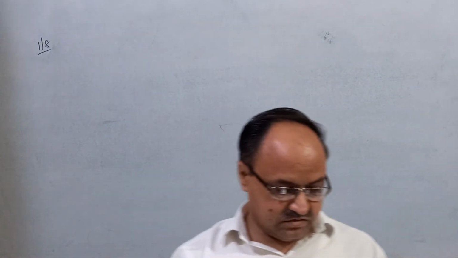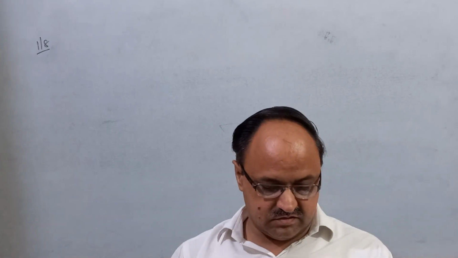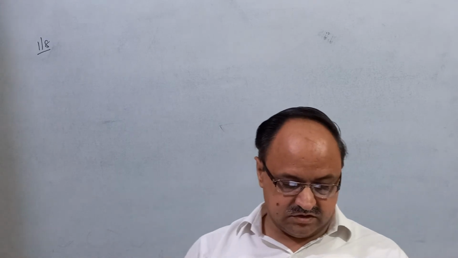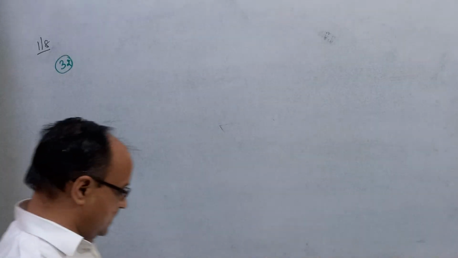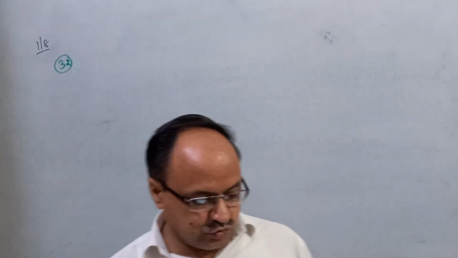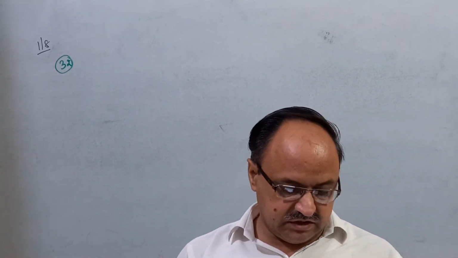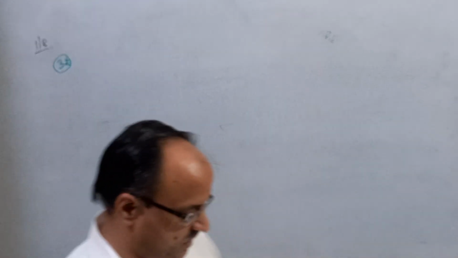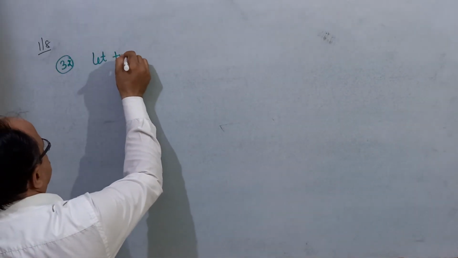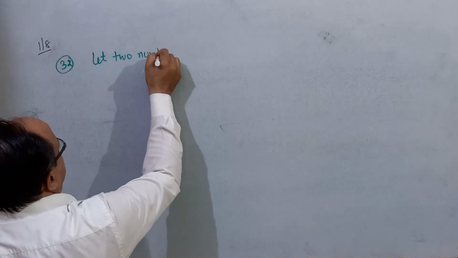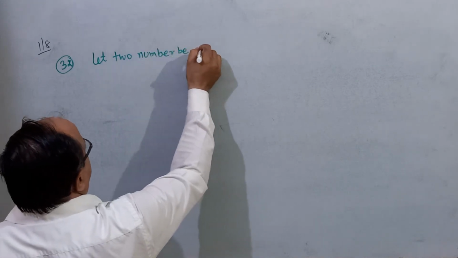Next, question number 32. If AM and GM are given, obtain the quadratic equation. Let the two numbers be a and b.